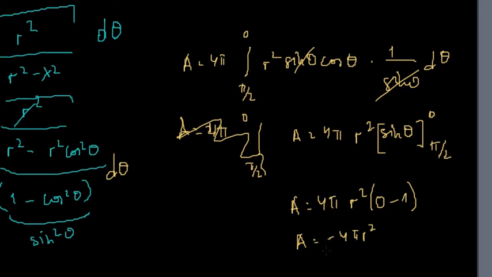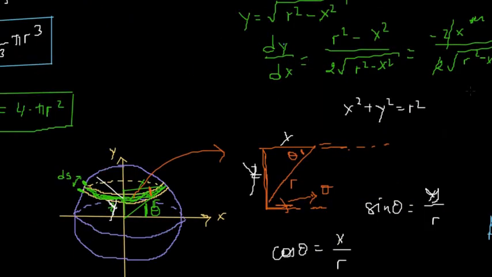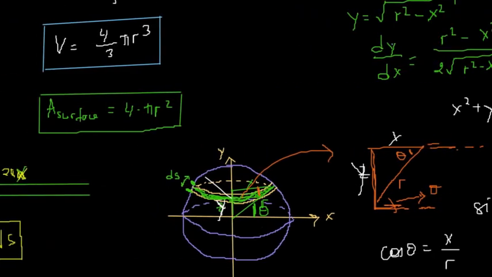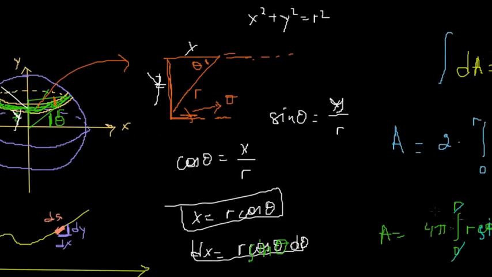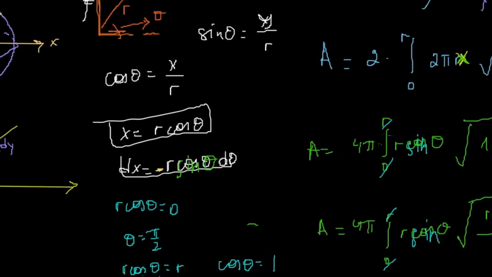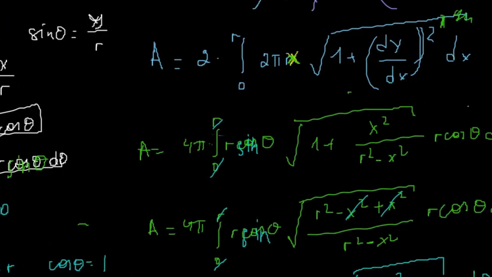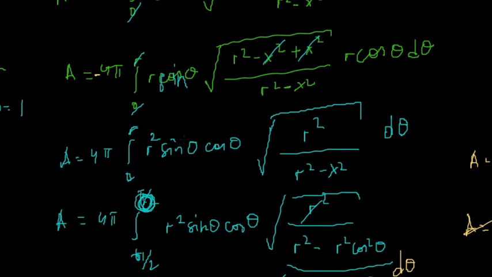I think I made a mistake somewhere. Alright guys, the mistake was here. I made it taking the derivative of x. It is minus r times sine of theta. So when we were plugging this dx into here, it's going to give us minus here and here and here and here.